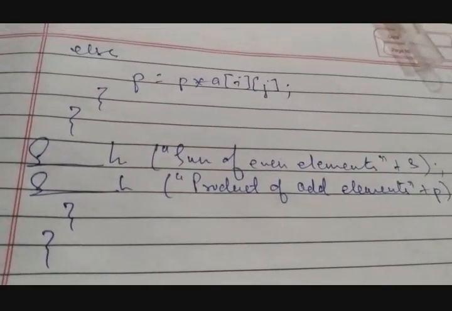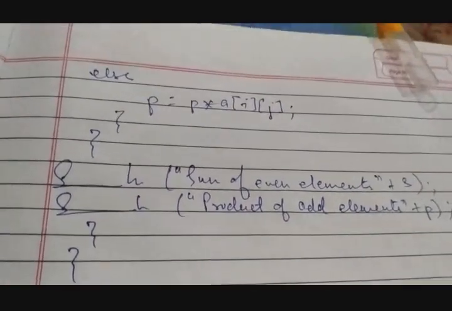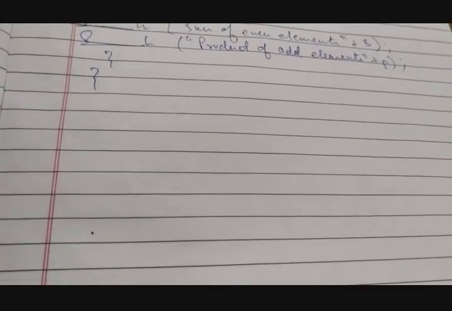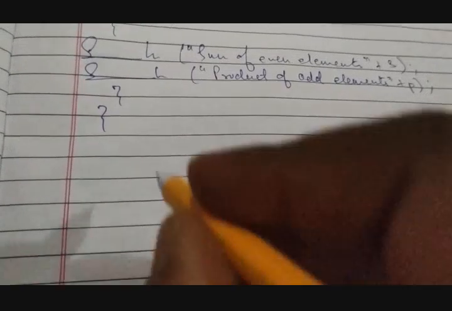Hope so, easy one. Now let's move on to find the smallest and greatest element present in a two-dimensional array. If an array is given of size m by n, find the smallest and greatest element present in it.